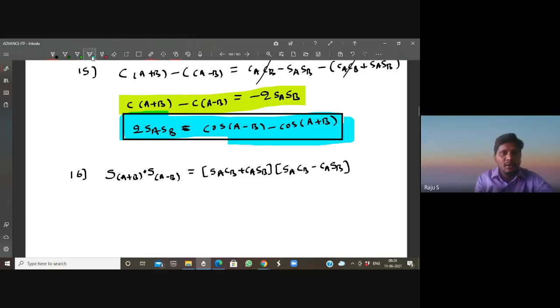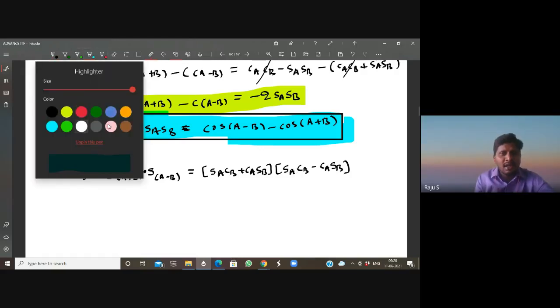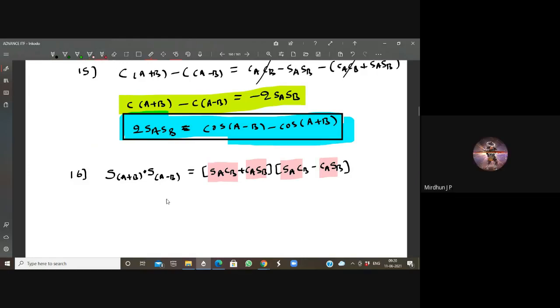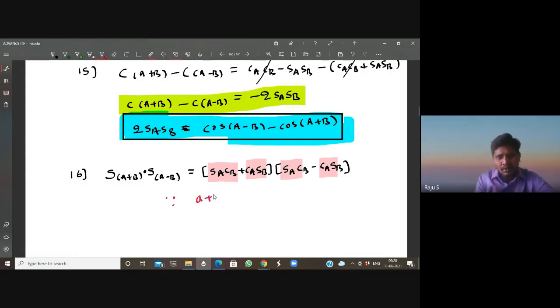Exactly. So here it is in the form of (A plus B) into (A minus B). What is the (A plus B)(A minus B) formula? A square minus B square.